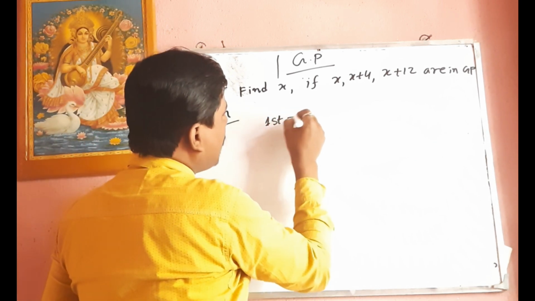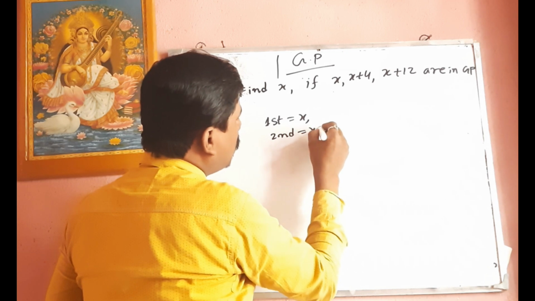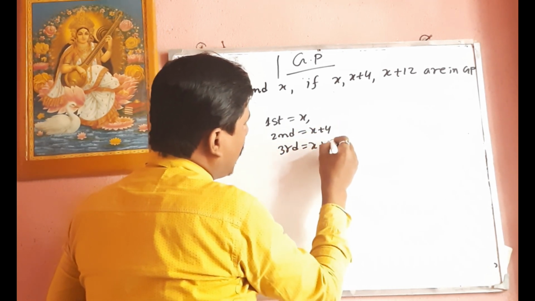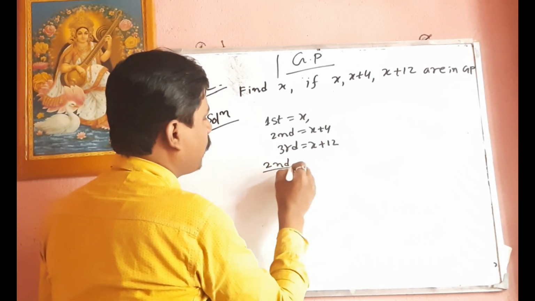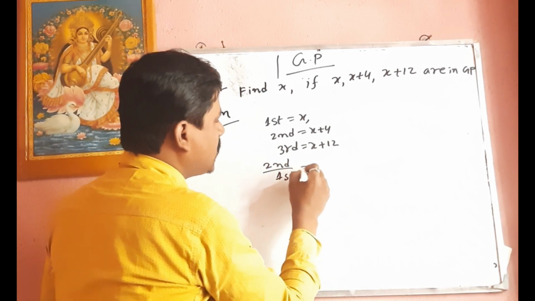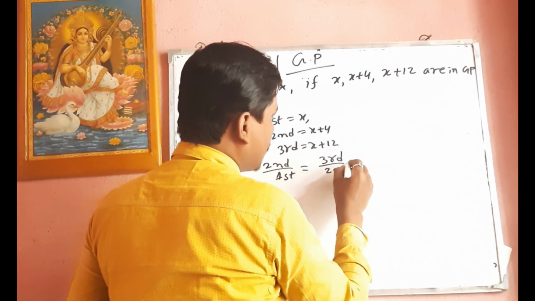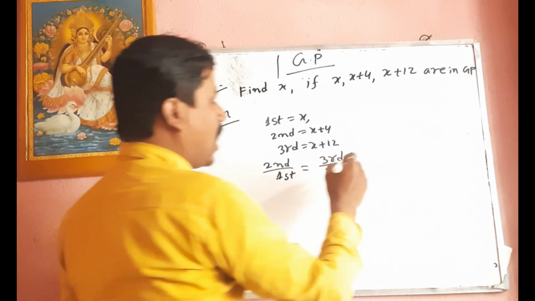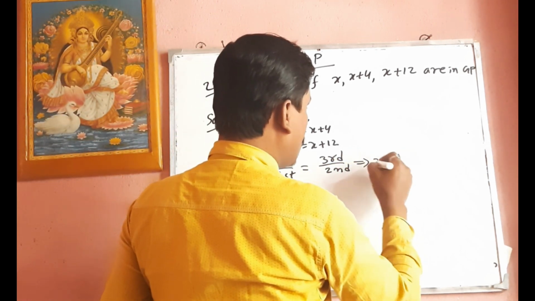Here the first term is x, the second term is x plus 4, and the third term is x plus 12. Now the common ratio, second by first, is equal to third by second. Then putting the values of first, second and third, we get x plus 4 whole square.